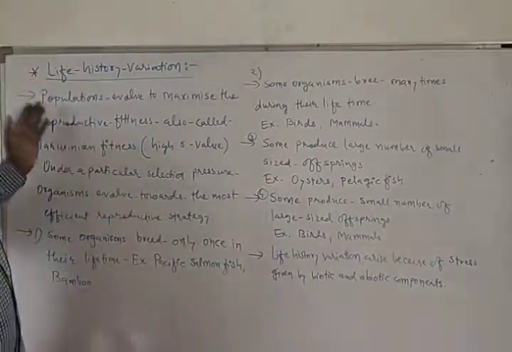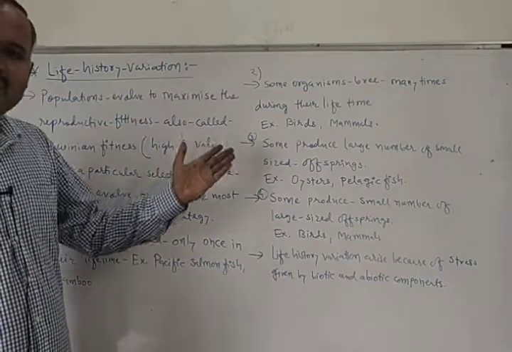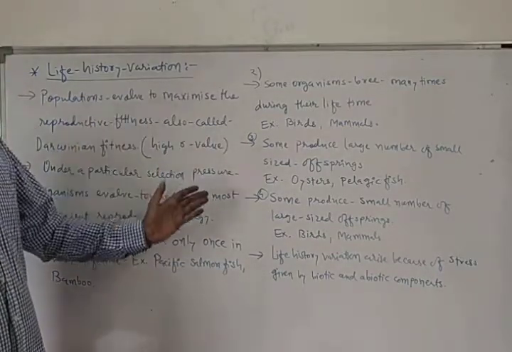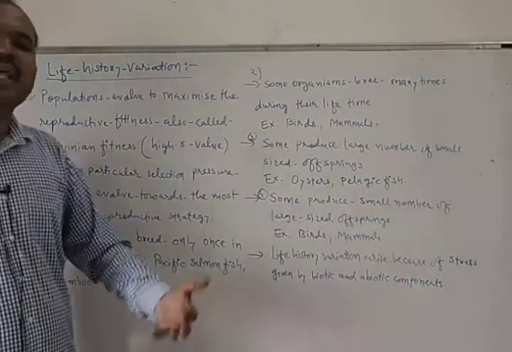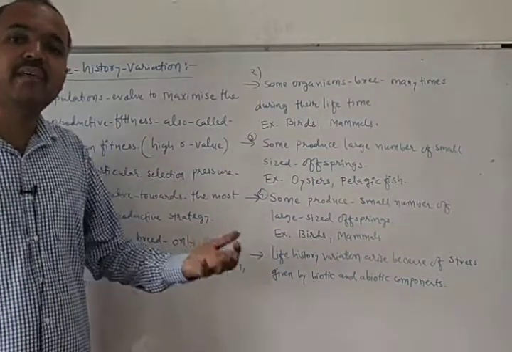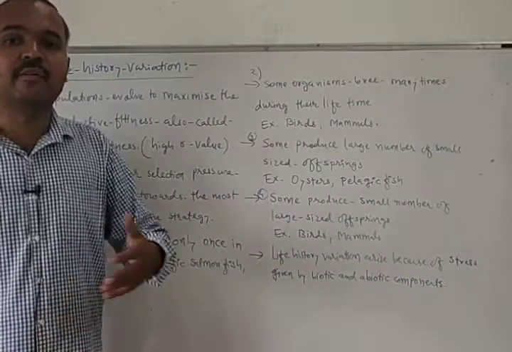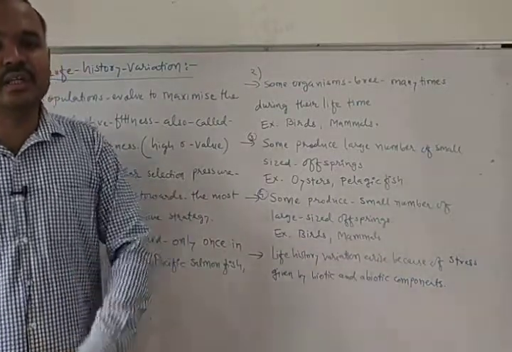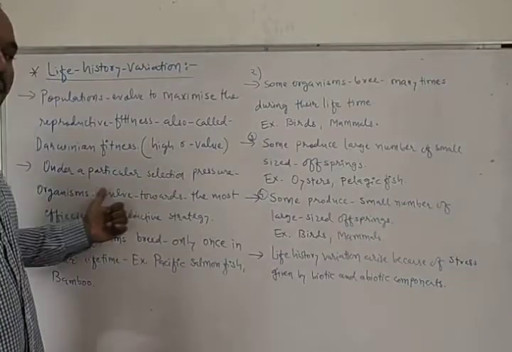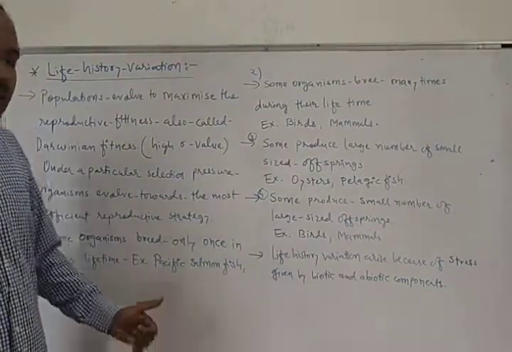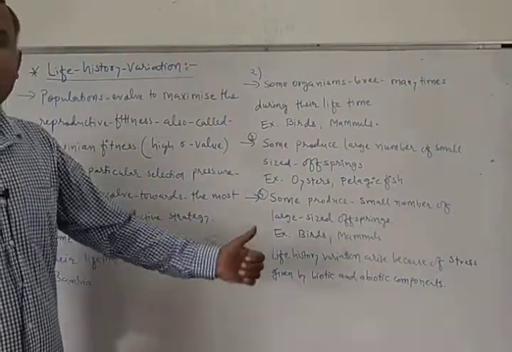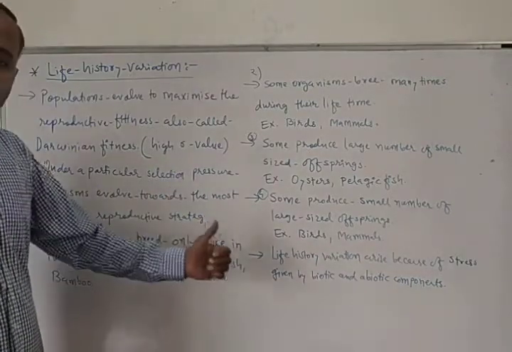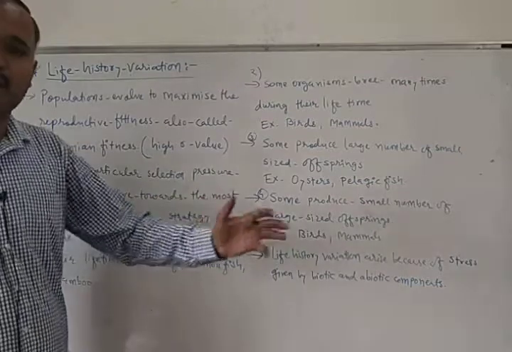Here we are saying that populations evolve to maximize their reproductive fitness, also known as Darwinian fitness. The meaning of high reproductive fitness is having a high R value. And what is R? R is the natural rate of intrinsic growth. Under a particular set of selection pressure, organisms evolve a special reproductive strategy.